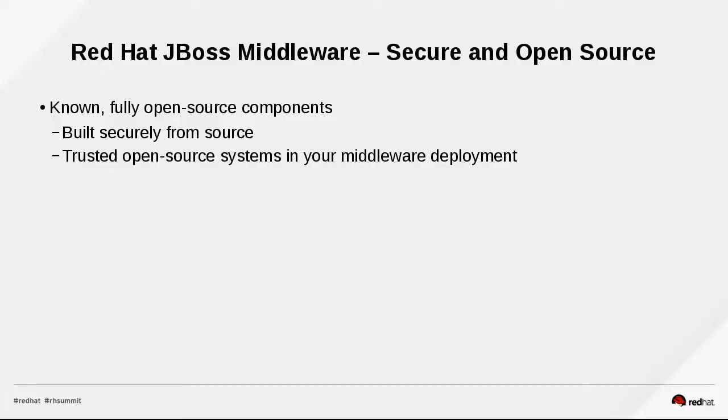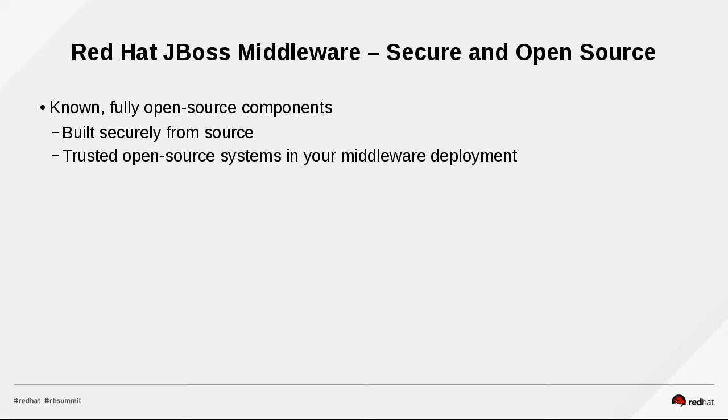All right, so let's take a little bit of an overview of how Red Hat JBoss middleware helps you become secure. If you talk about the NIST framework, how does it help you to be secure? One of the key advantages that you get from JBoss middleware is fully trusted open source systems in your middleware deployment.